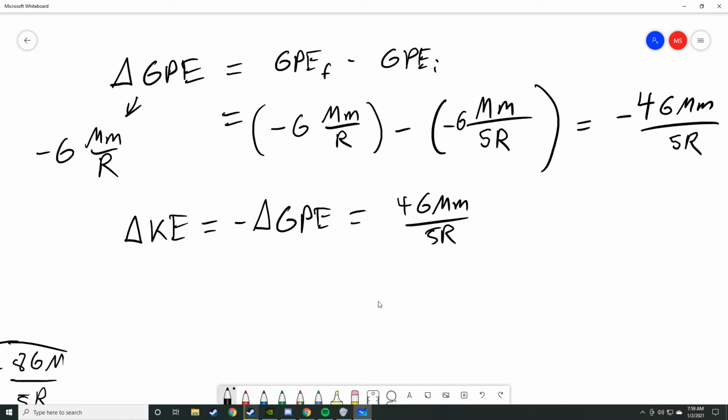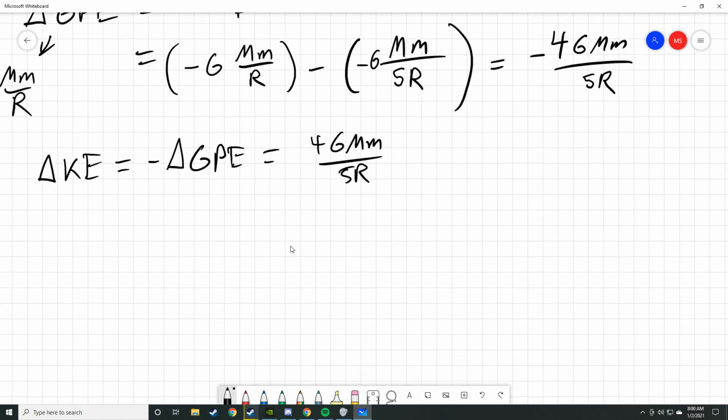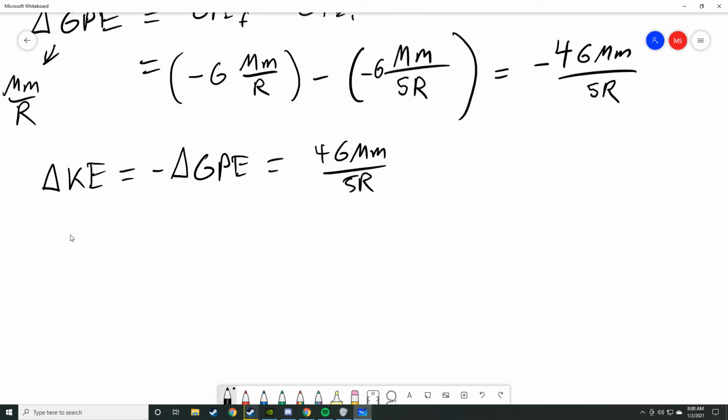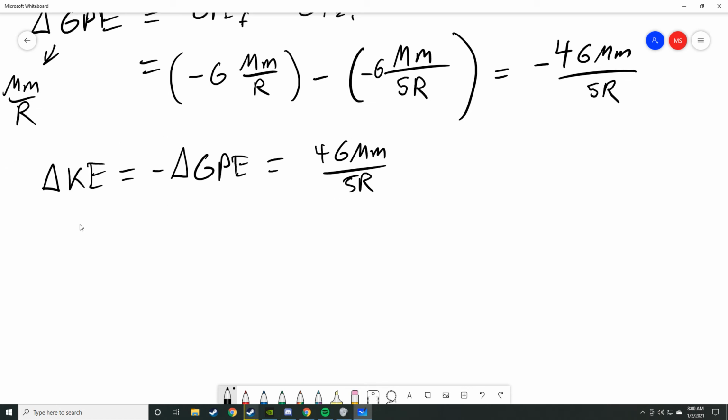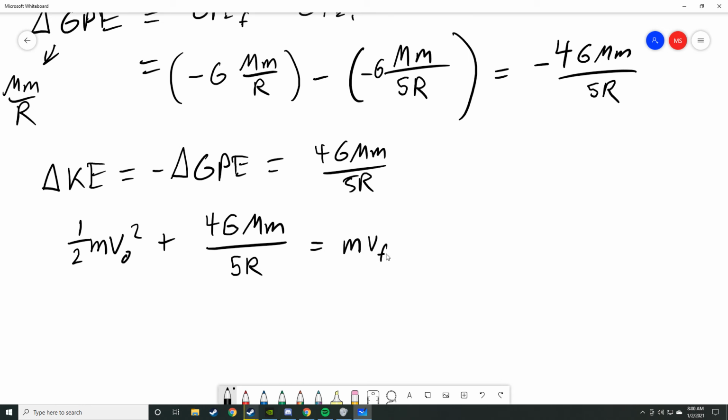If we make it more verbose, what we're saying with this formula is that the kinetic energy initially plus this amount of energy we've gained, remember these are both in presumably joules, so we can just add them like this, is equal to the final kinetic energy.